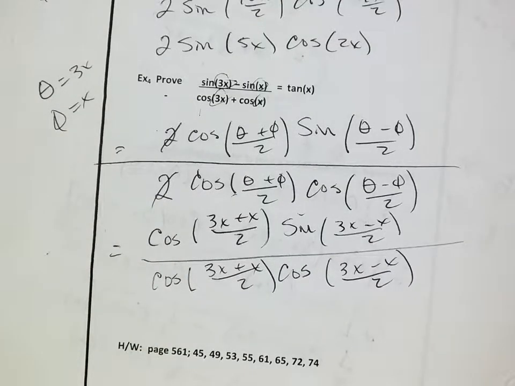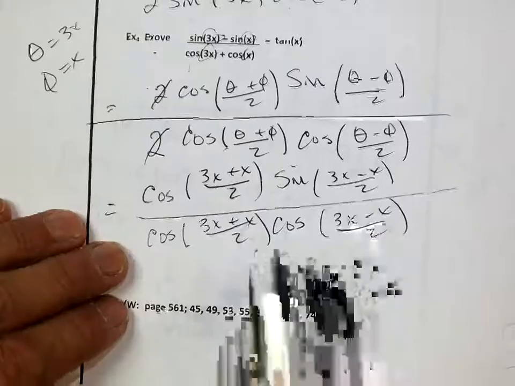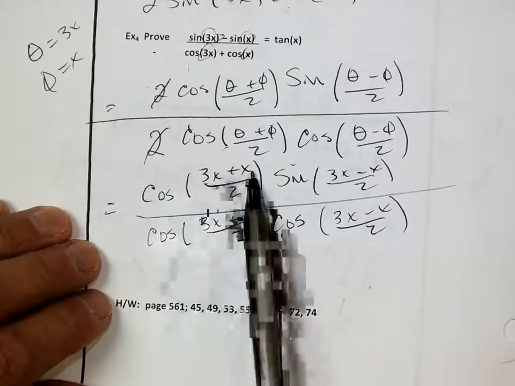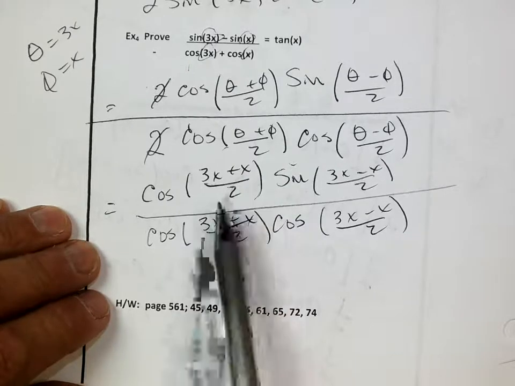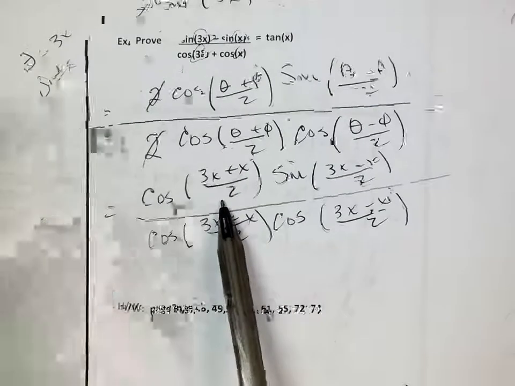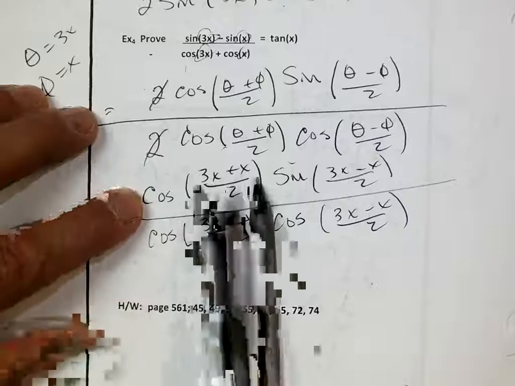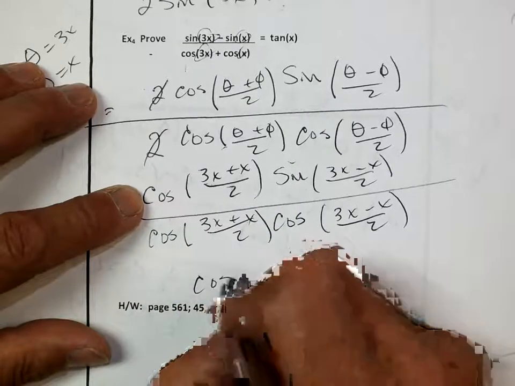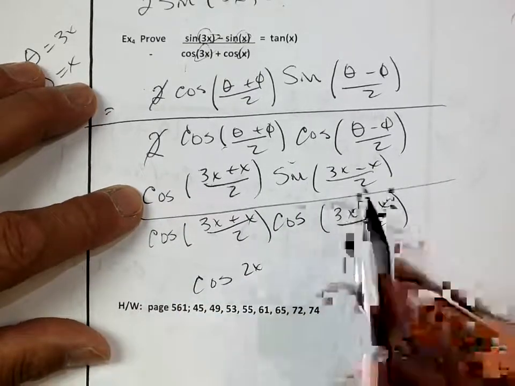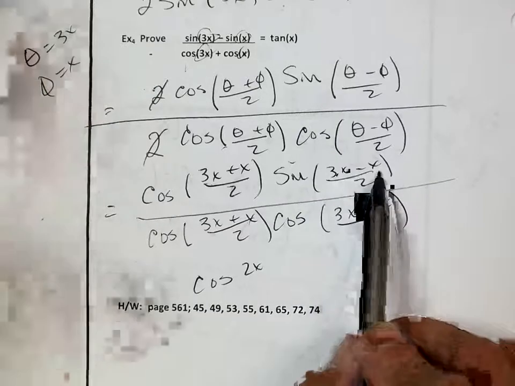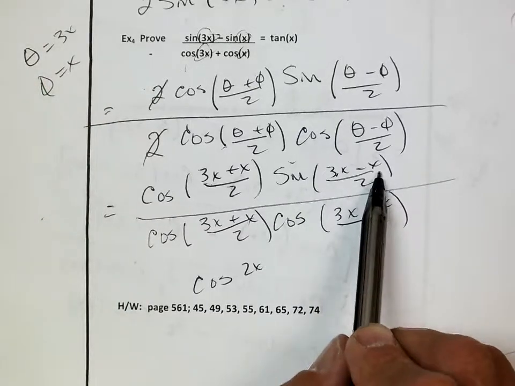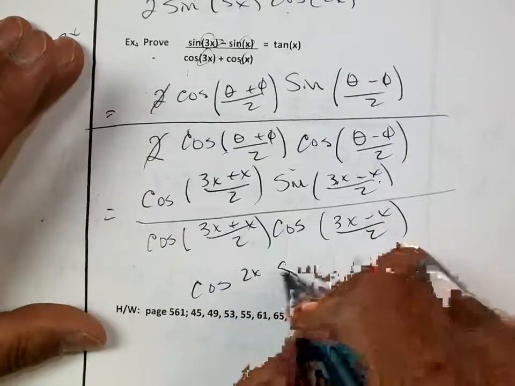Okay, so it's a bit of a mess, but things are going to simplify pretty nicely here in a second. And I might skip a little step because you guys are smart. If you're smart, you can figure it out, okay? 3x plus 1x is 4x divided by 2, 2x, right? So I got a cosine of 2x. Okay, 3 minus 1 is 2, 2 divided by 2 is 1, so then times the sine of x.